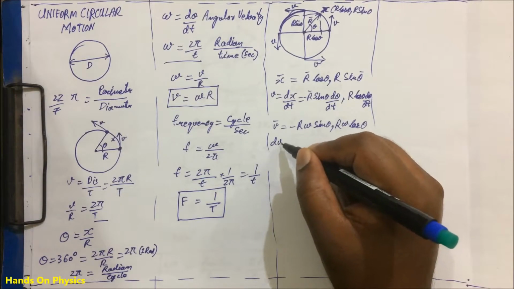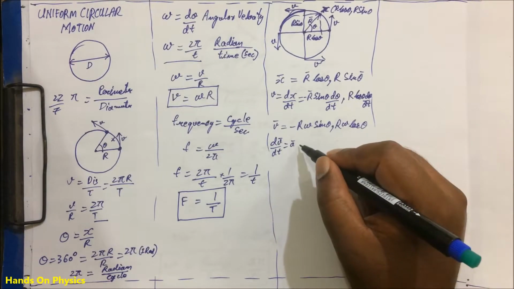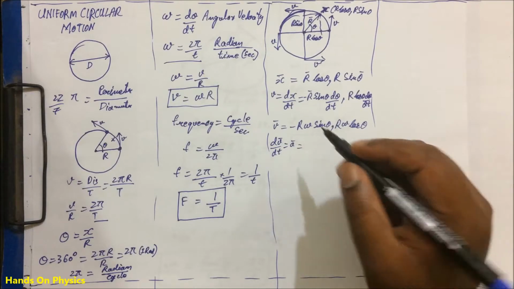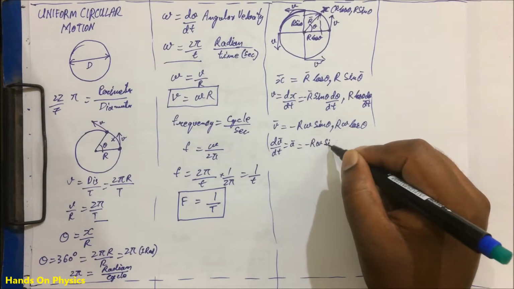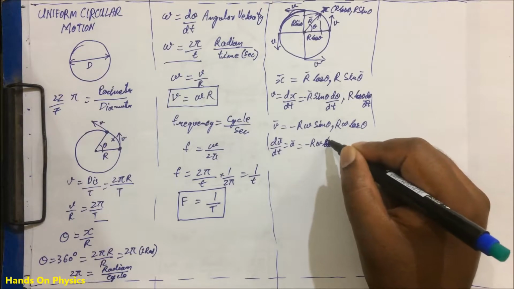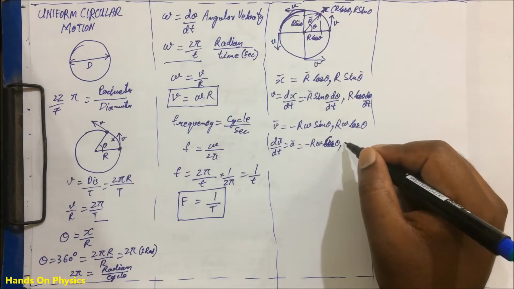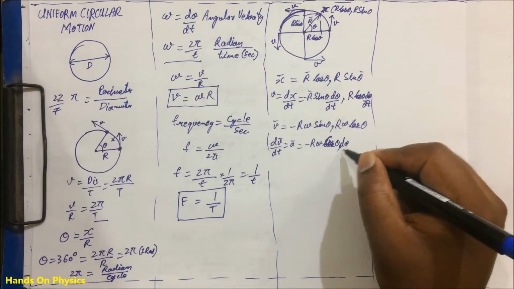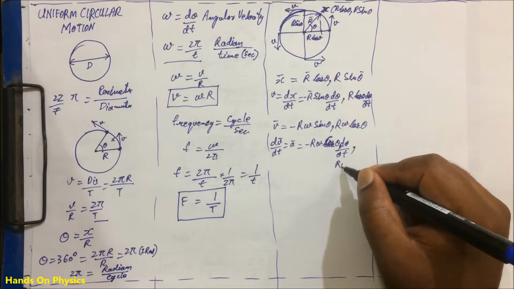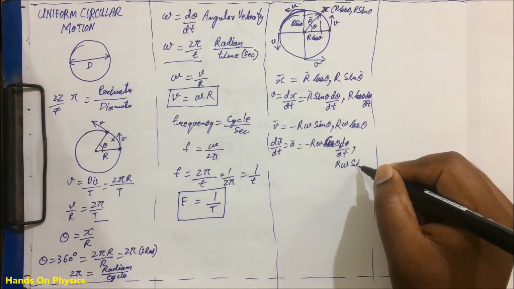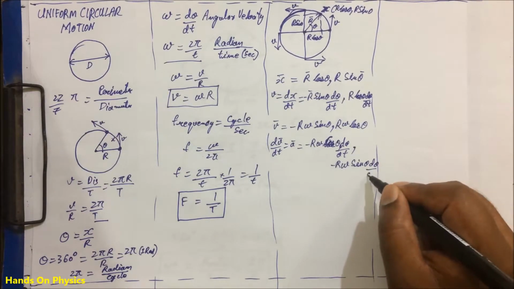Now if we look at the rate of change of velocity, dv by dt, we will get acceleration, which gives minus r omega cos theta, since the sin theta will become cos theta, d theta by dt, comma, minus r omega sin theta, d theta by dt.